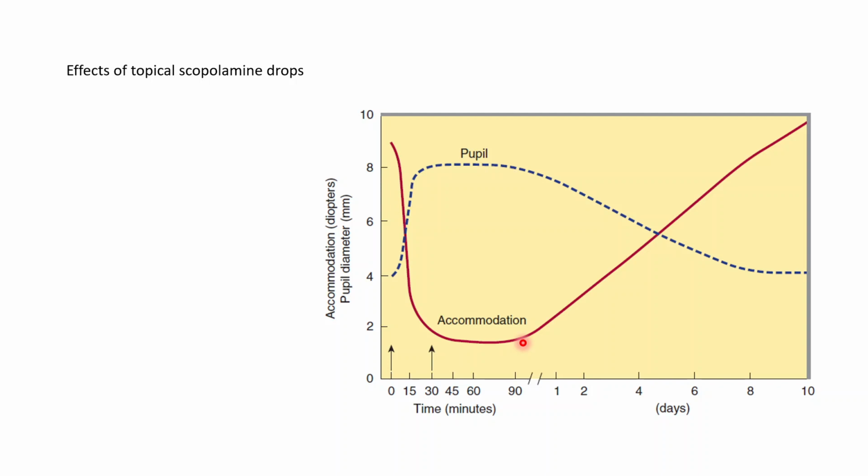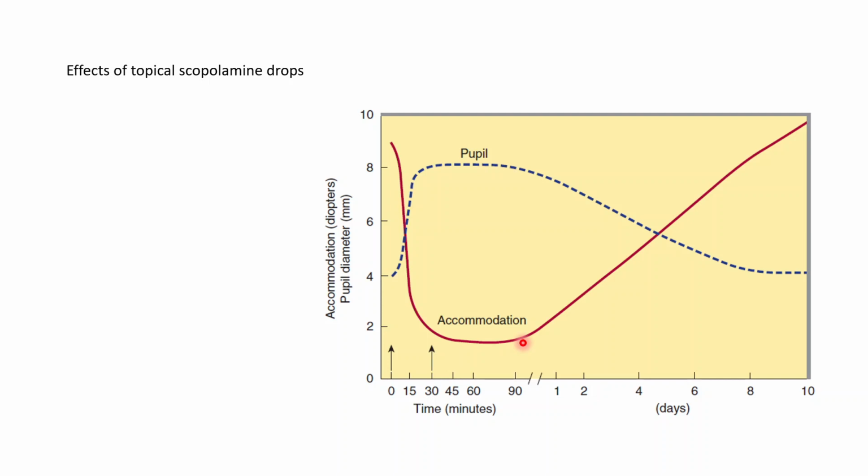Sometimes antimuscarinic drugs are used before the administration of inhalant anesthetics to reduce the secretion in the trachea and the possibility of laryngospasm.